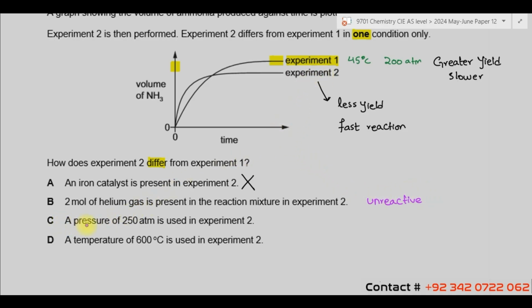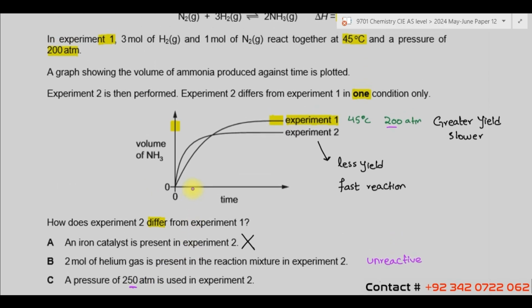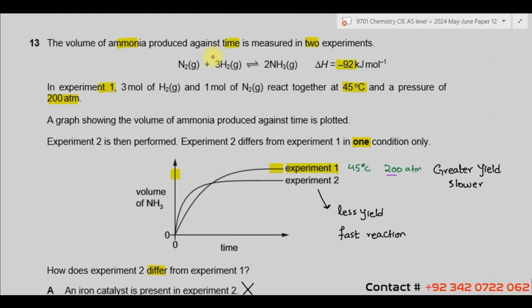Part C, a pressure of 250 atmosphere is used in experiment 2. So pressure changes from 200 to 250. Let's see. We have 4 moles of reactants. We have 2 moles of products.